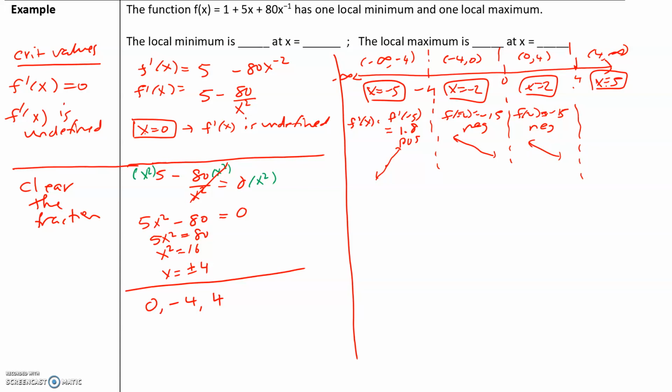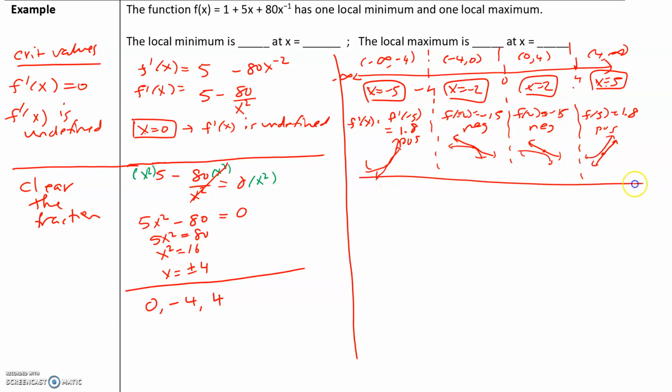And lastly, for f prime of 5, we get positive 1.8. So the first derivative is positive, which means the slope of the tangent line is positive, and the function is increasing. So here, the function is increasing. Here, the function is decreasing. Here, the function is decreasing. And here, the function is increasing.